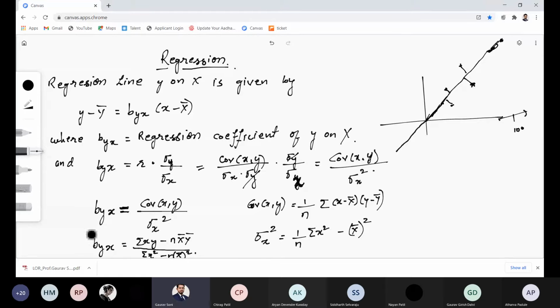Okay, so note this formula. What is to be added to your list of formulas?